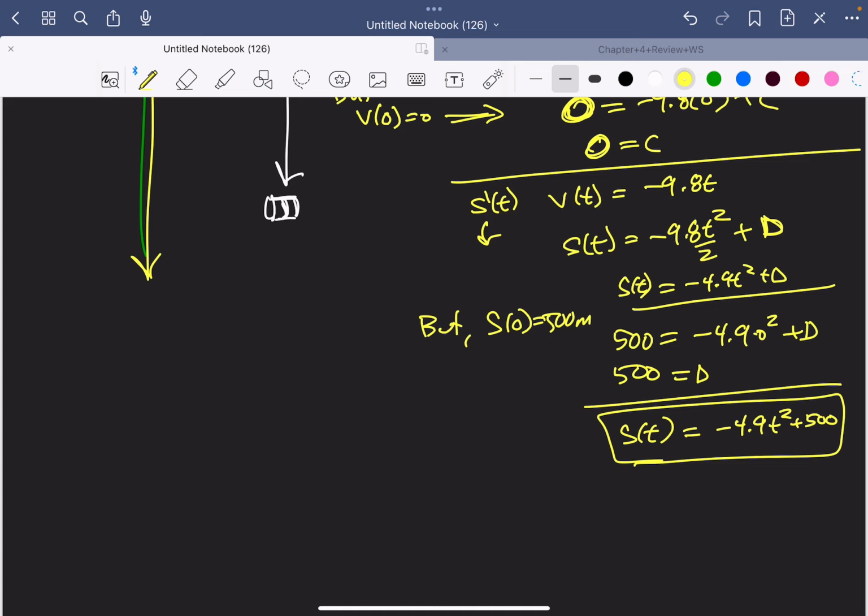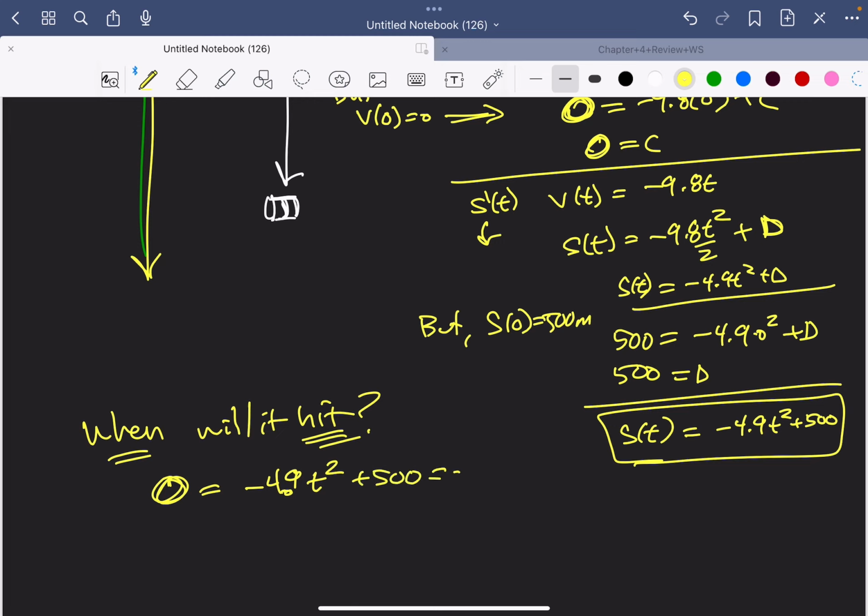So let's see. Okay. So now what do we want? We want to know when will it hit the ground. So that's when position is equal to 0. So we get negative 4.9 t squared plus 500 equal to 0.